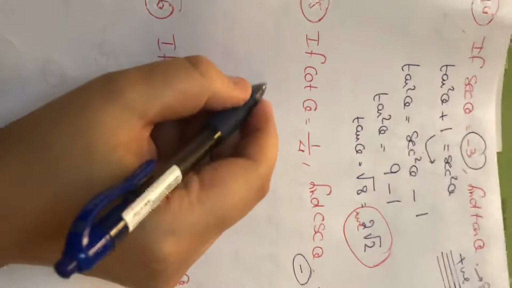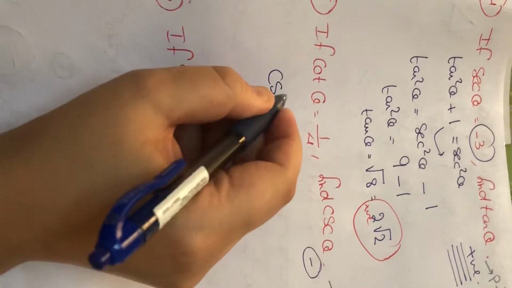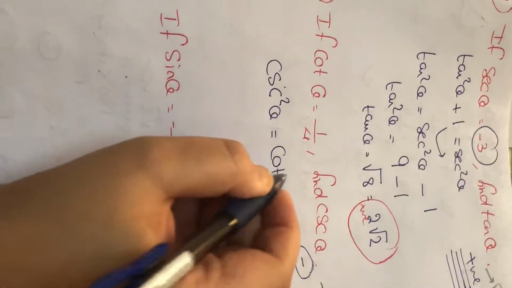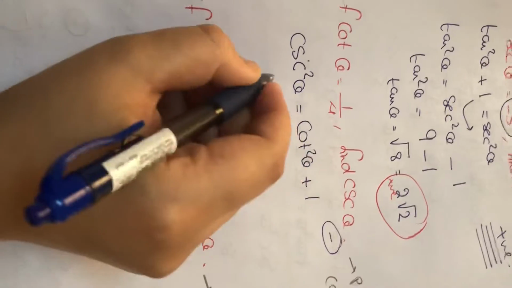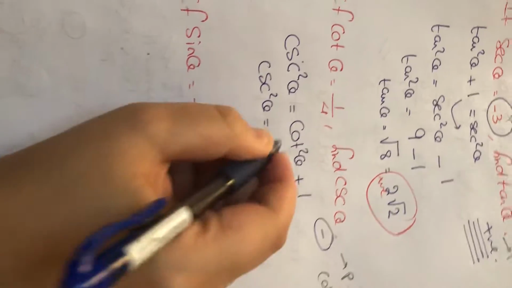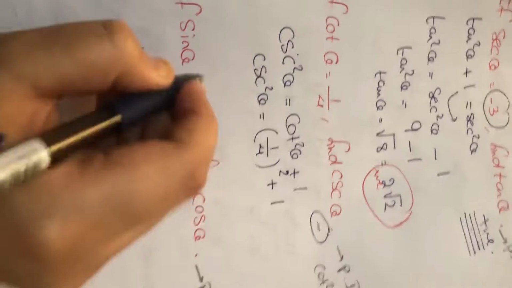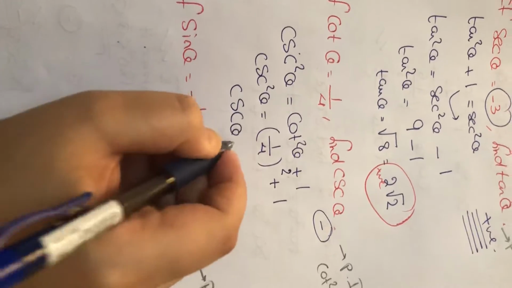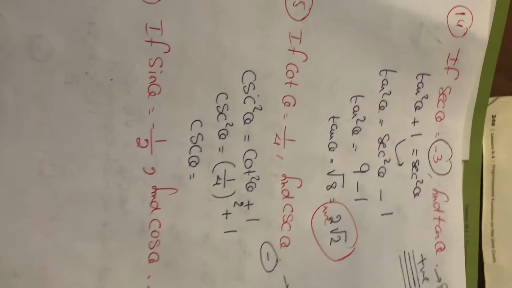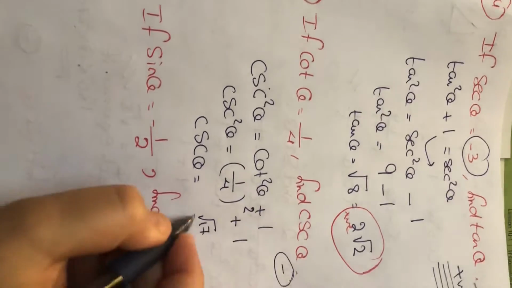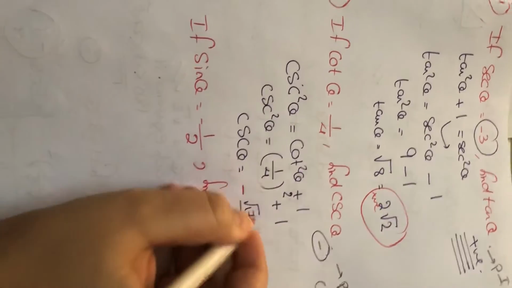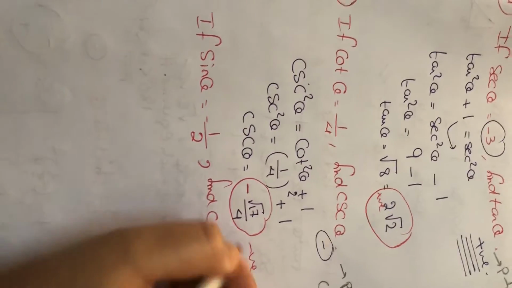So cosec squared theta is equal to cotan squared theta plus 1, which is 1 over 4 squared plus 1. After rooting your answer, cosec theta is going to equal root of 17 over 4. And we will remember to put a negative sign because it is negative.